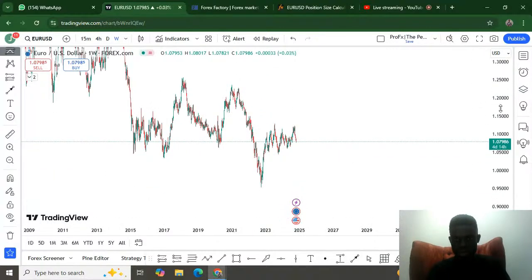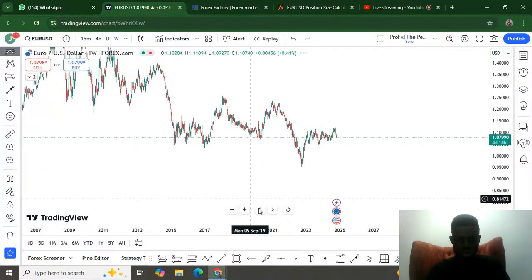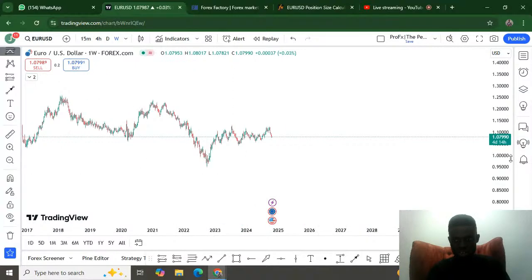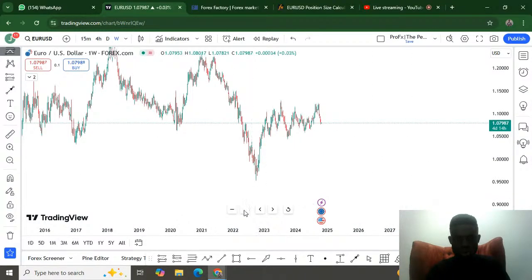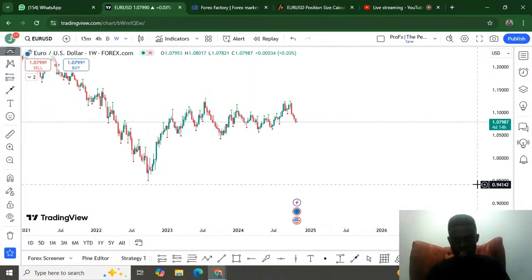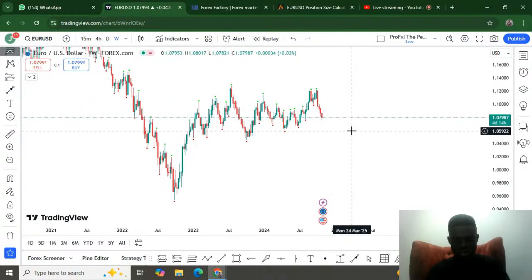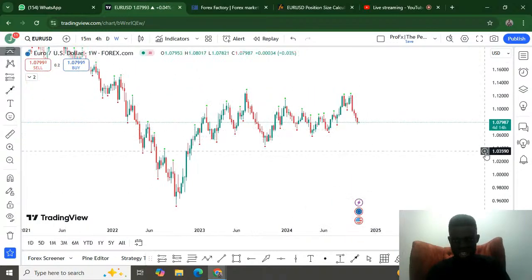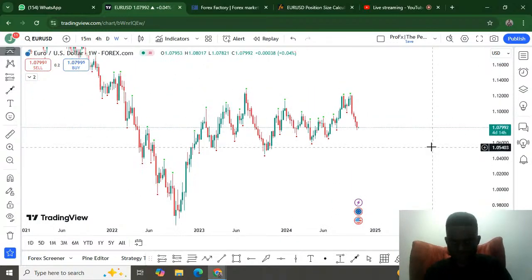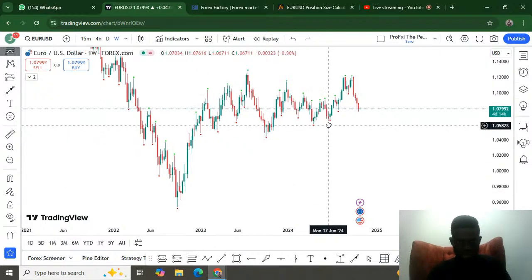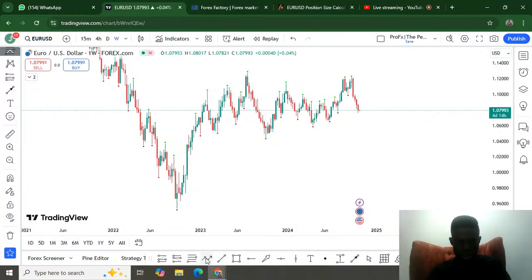What I'll do is I will just draw out my path as a structure. I don't need to go too far, I just need the recent. This is September, two months is okay.